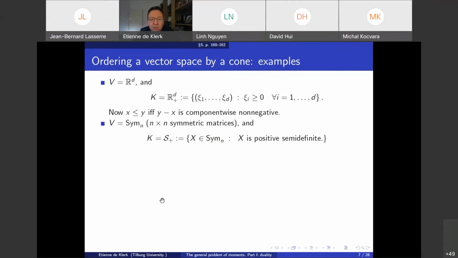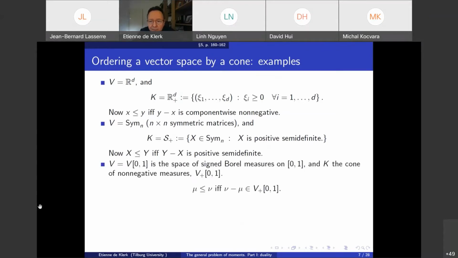For positive semi-definite matrices, the vector space is the space of symmetric matrices, and the cone consists of the symmetric matrices which are positive semi-definite, and we write matrix X smaller or equal to matrix Y if and only if Y minus X is positive semi-definite. So again, greater or equal 0 corresponds to positive semi-definite here, and to belonging to the non-negative orthant in the other case.